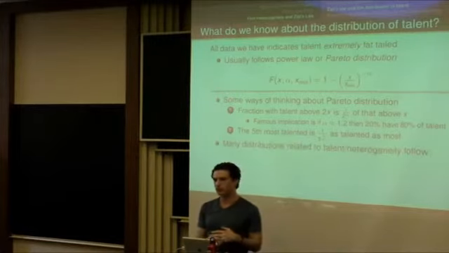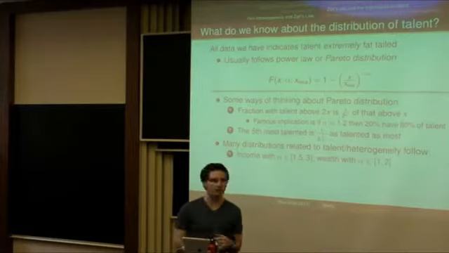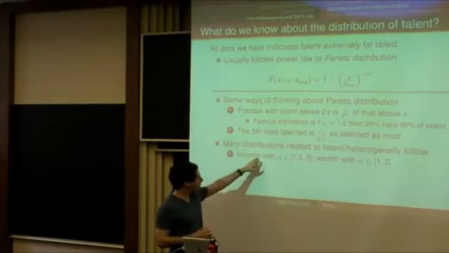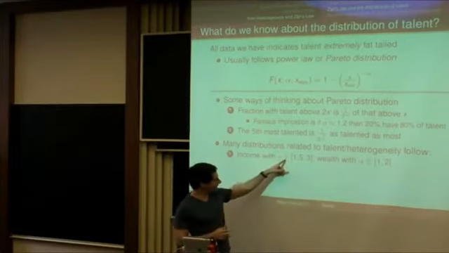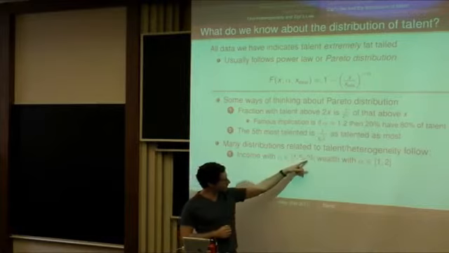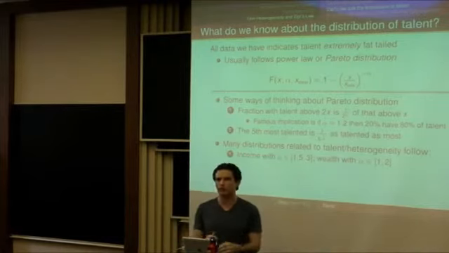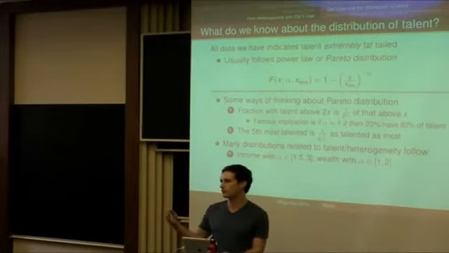Many distributions related to talent follow this distribution. Income, for example, is very well known to have a Pareto distribution at the top end of the spectrum, with alpha somewhere between 3/2 and 3. Probably closer to 1.5, especially in the United States, but in some more egalitarian countries, it's closer to 3.